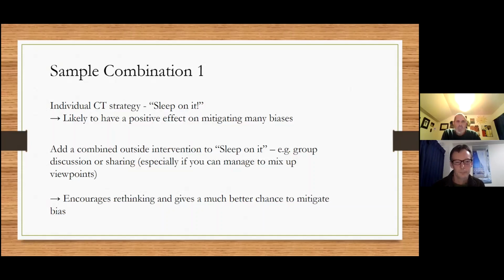And we can combine this sleep on it with an outside intervention by just having group discussion, sharing ideas, and again, not rushing this process, mixing up viewpoints. And this encourages rethinking. And again, it's not going to nullify all these biases, but it will definitely help in mitigating them.